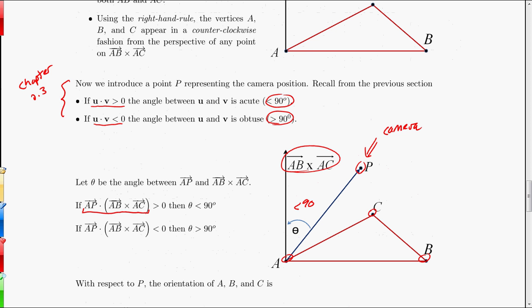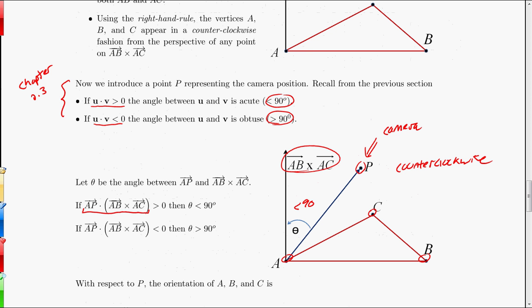And if that's the case, what I have is a counterclockwise orientation, right? So I can tell strictly by taking a dot product and a cross, that's actually a scalar triple product. If it's positive, I know that my points appear in a counterclockwise orientation.